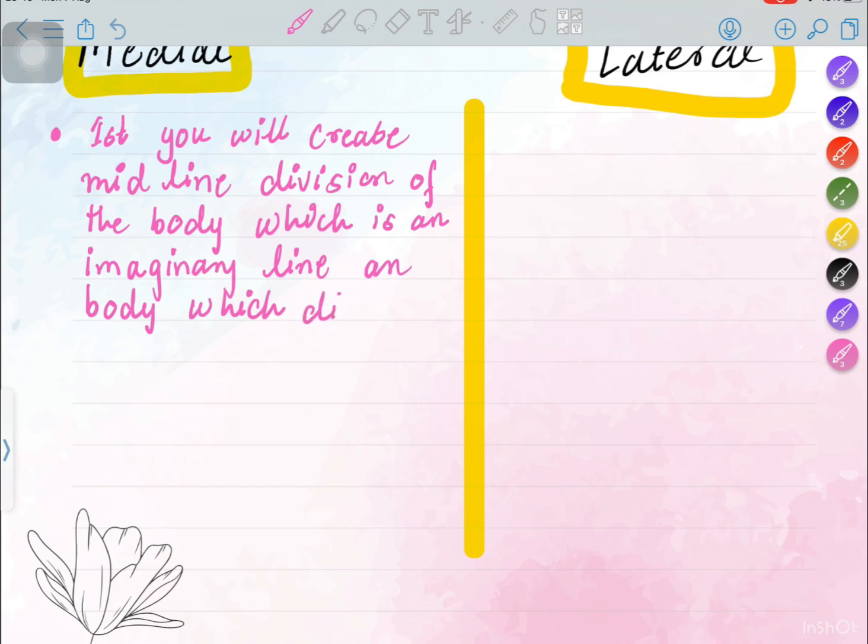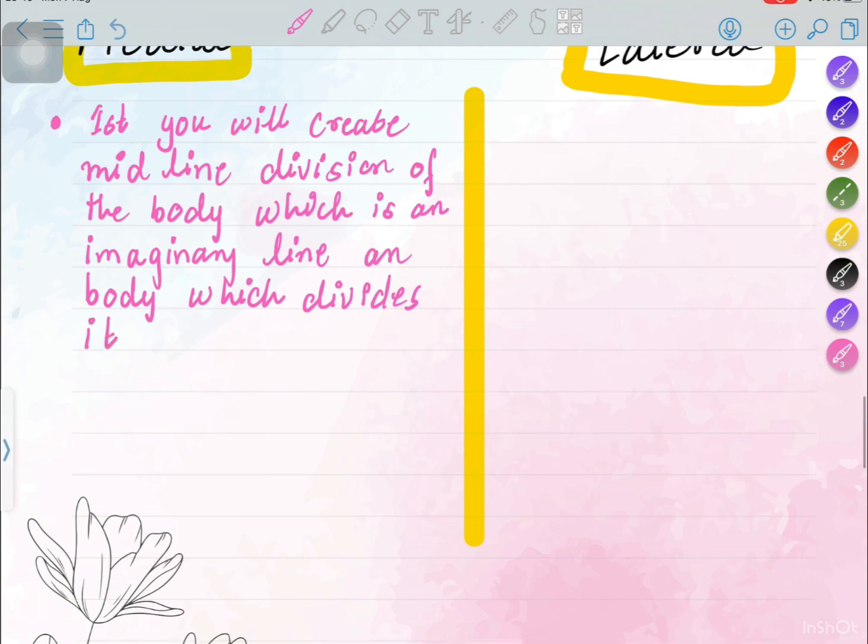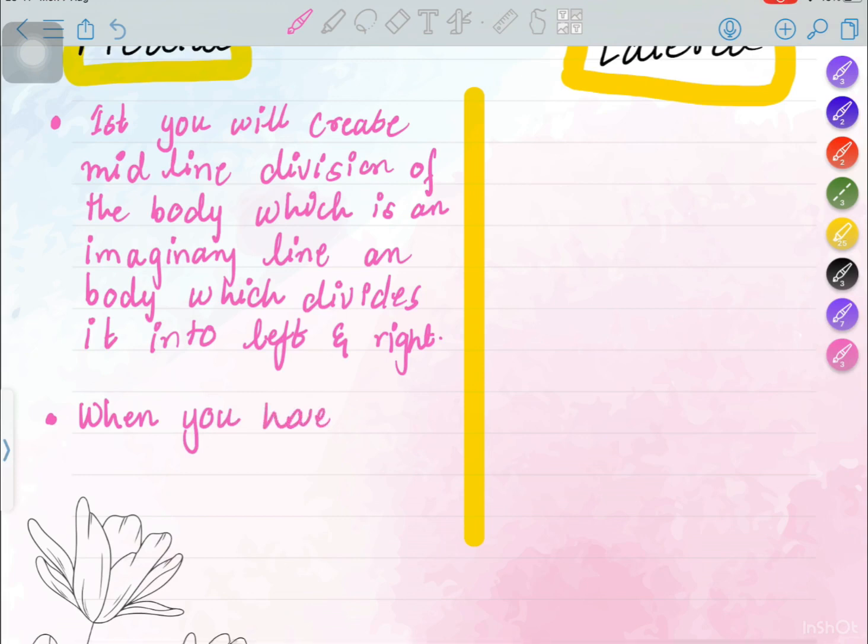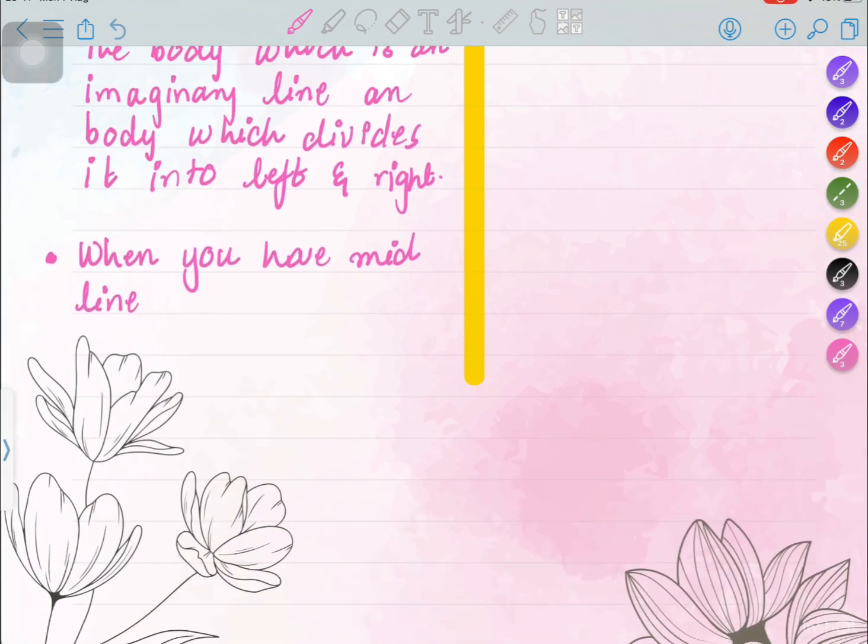Now secondly, when you have a midline, let's imagine in your head that you have a midline with you, which divides the body into left and right. So the second thing is that when you have a midline, you first imagine it, in your brain. The third point is then the body part.